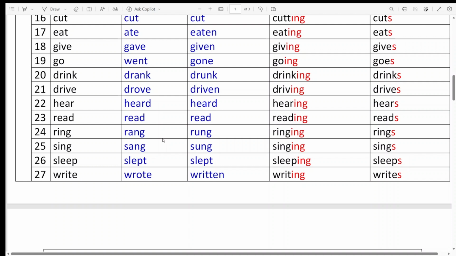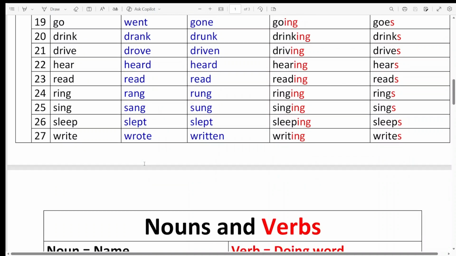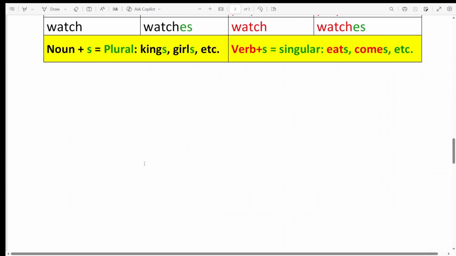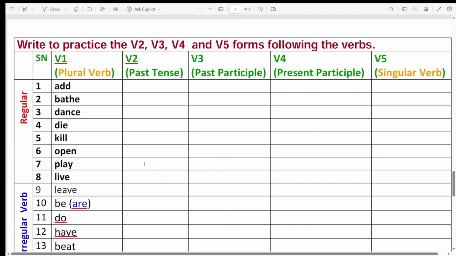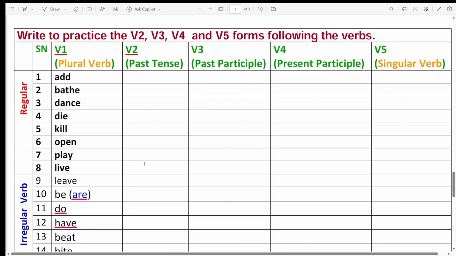You listen to these verb forms read by me again and again to have a very good command over them all. And then let's go to our practice section. Here we have some questions on the same verb forms we practiced.